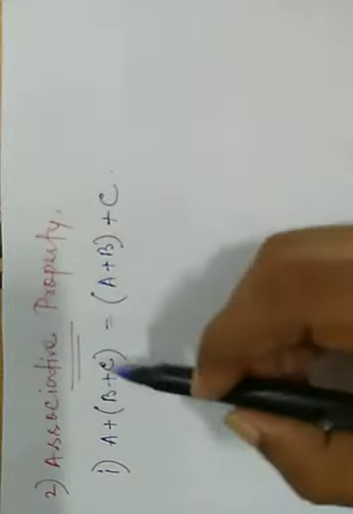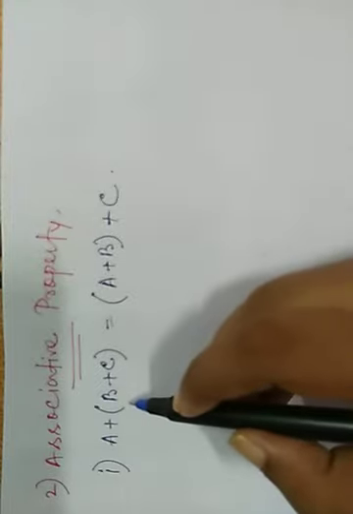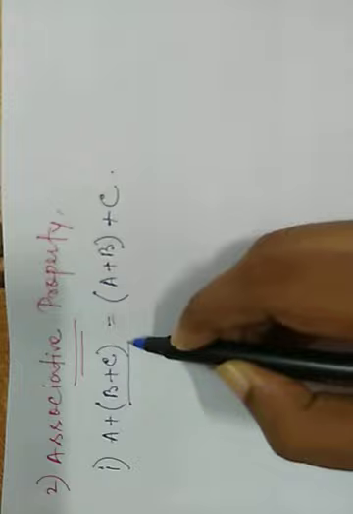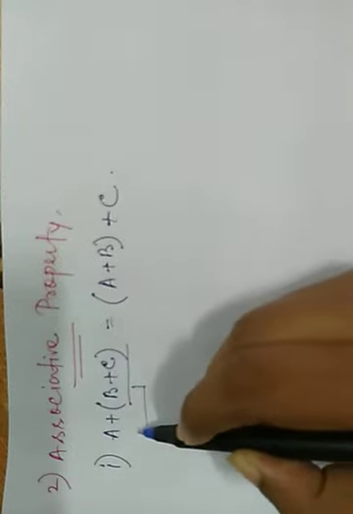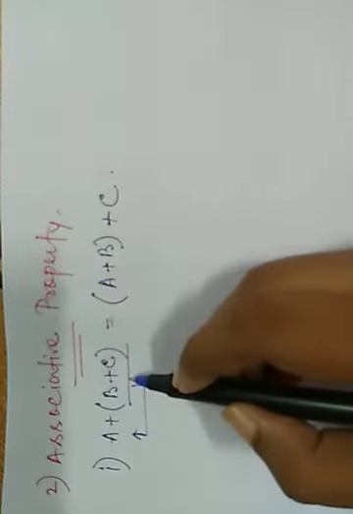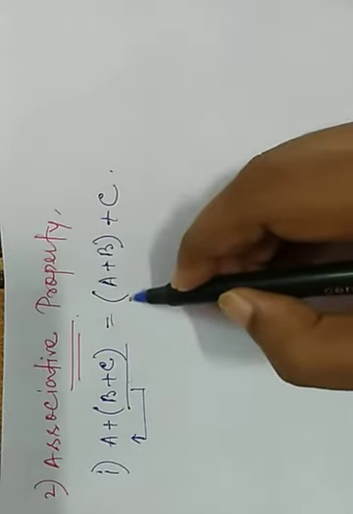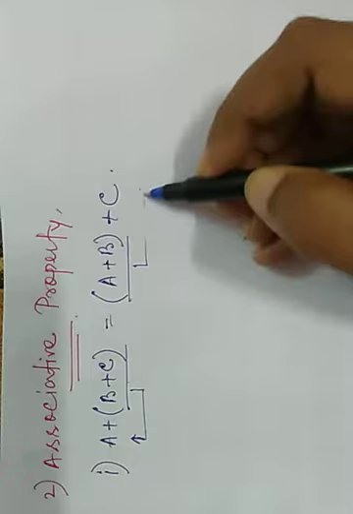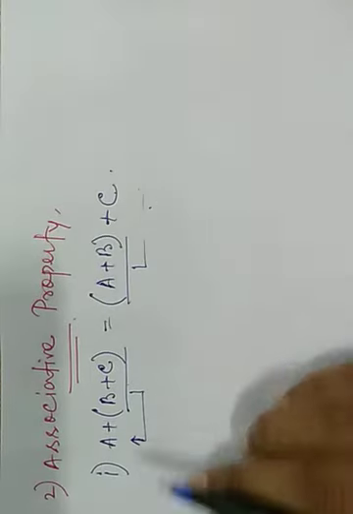What does it mean? It means that if we do b plus c first and then do the OR operation with a, the output will be the same as if we do a plus b first and then do the OR operation with c.